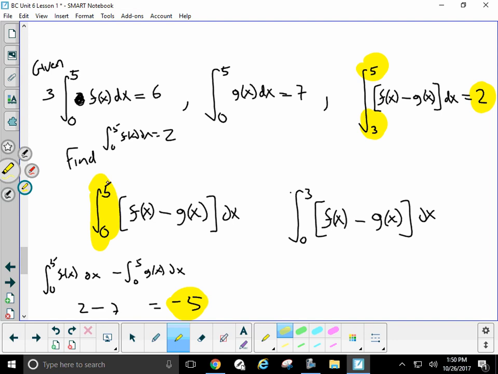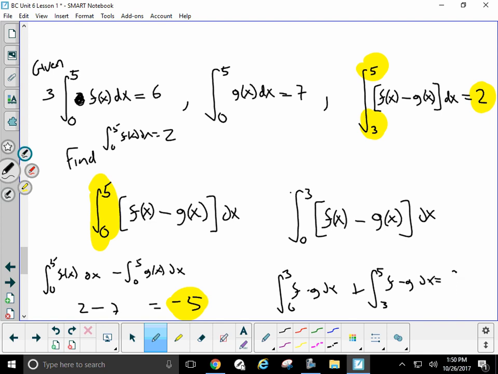Well, 0 to 3 plus 3 to 5 is 0 to 5. Okay, that's what I'm going to use. The integral from 0 to 3 of f minus g plus the integral from 3 to 5 of f minus g. That equals the integral from 0 to 5 of f minus g.